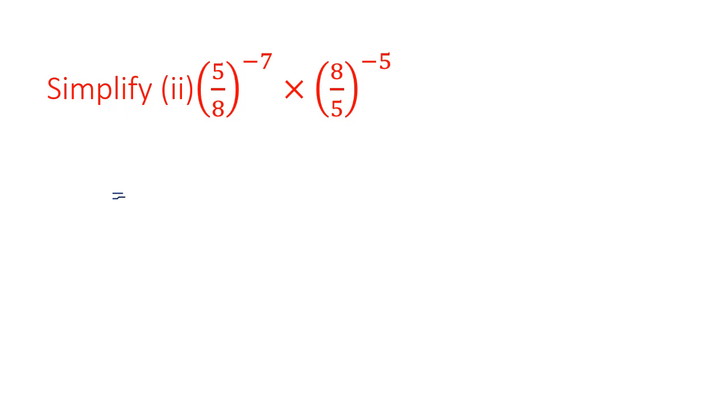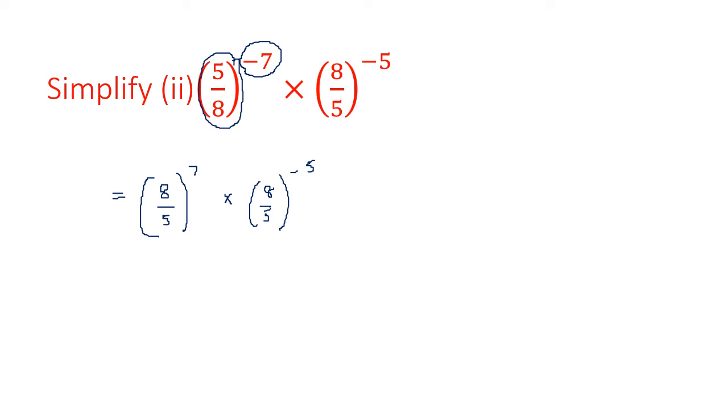So here, first we'll convert the negative power into a positive power. So it becomes (8/5)^7 into (8/5)^-5. What I've done here, I've converted this 5 upon 8 to 8 upon 5.